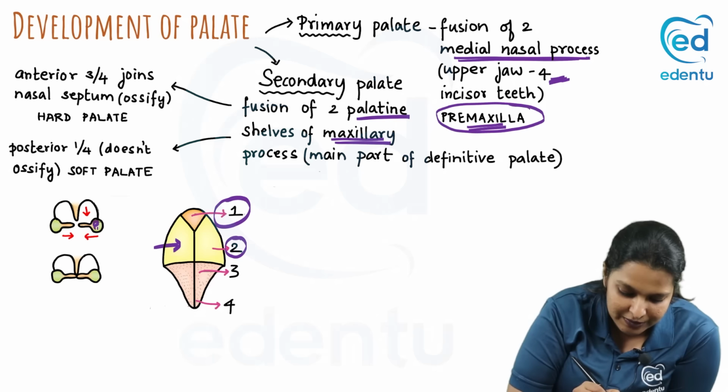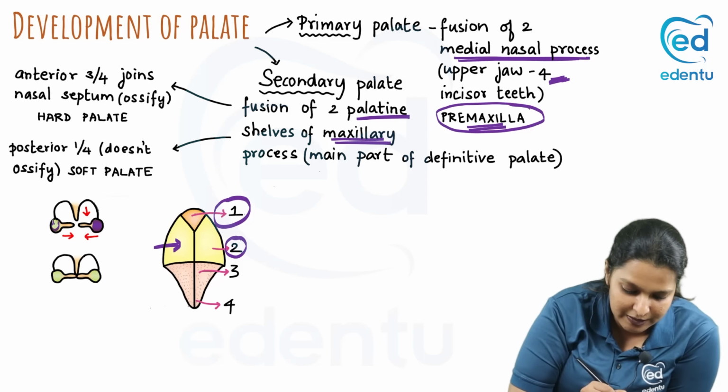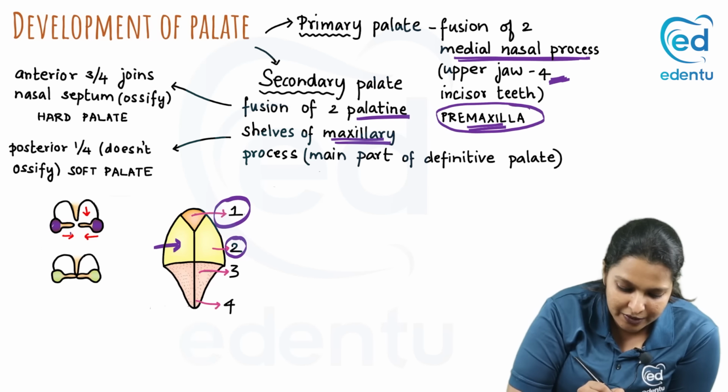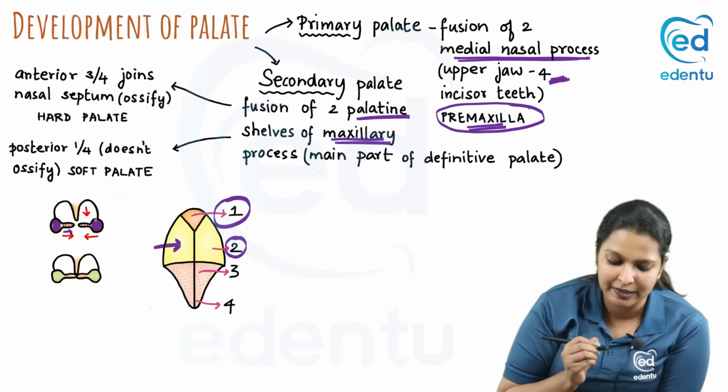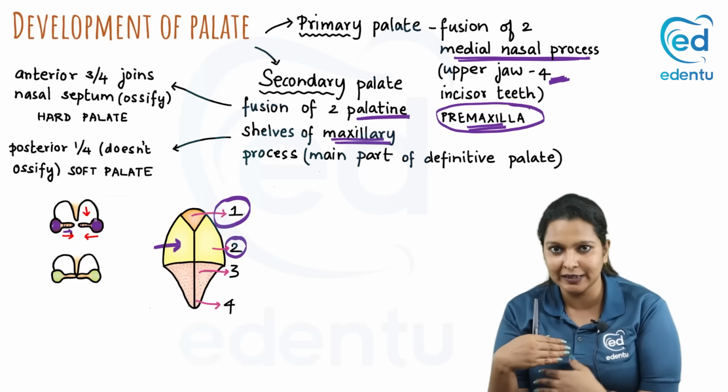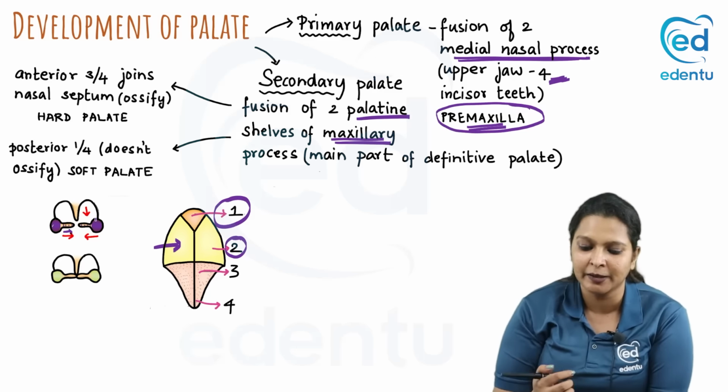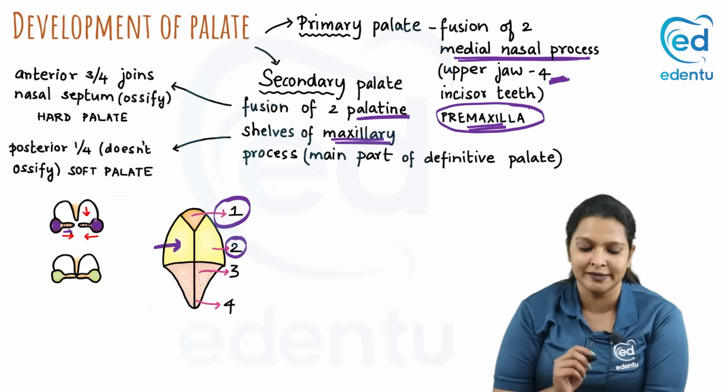So let's assume this region to be the maxillary process. The projection towards the midline, this part is called the palatine shelf of the maxillary process. They have to come from either side and meet at the midline. So that's how the secondary palate is formed.